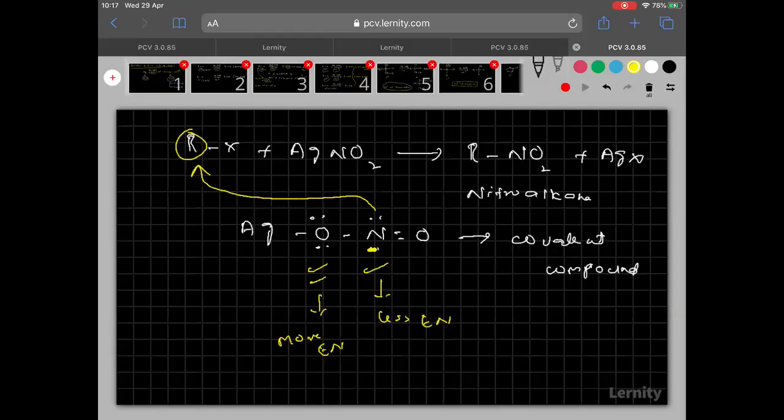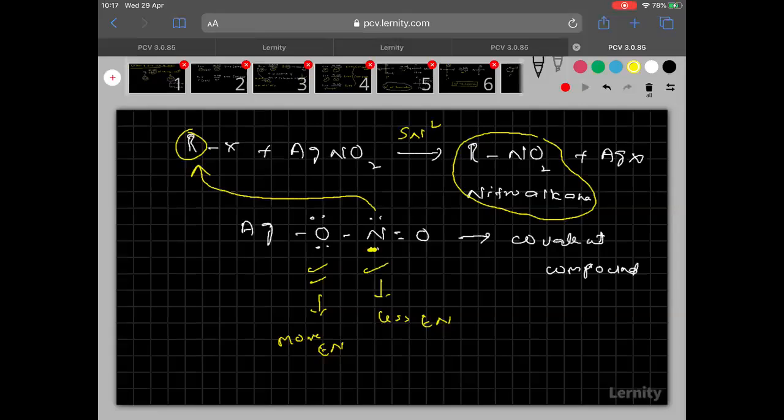As a result, we get nitroalkane here by the same SN2 mechanism only. Hope you are able to understand everyone. In case of AgNO2, nitroalkane. In case of KNO2, nitritoalkane. So that is different. But remember, in both the cases, the mechanism is SN2 only.